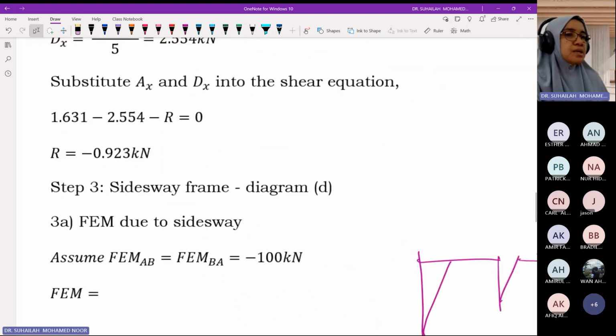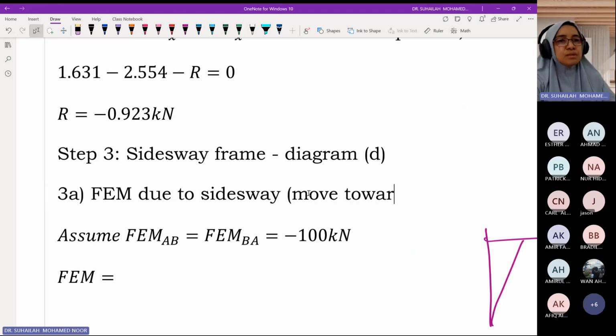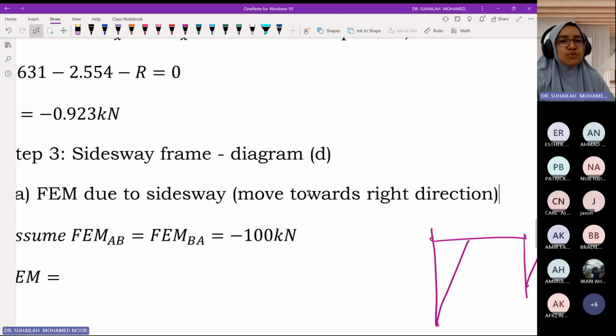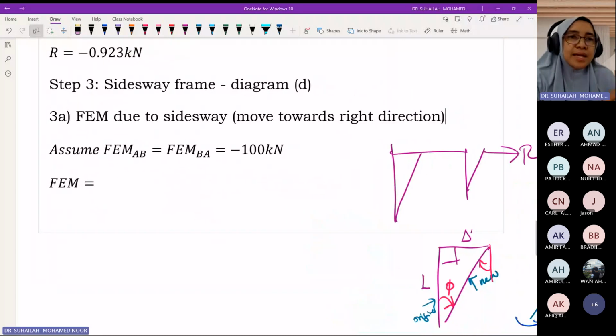Okay, so sini yang ni due to sidesway. Kalau nak saya letak note sini, move towards right direction. So move towards right direction, dia negatif. Sebab segitiga ni tadi. Okay, so move towards right direction, assumption must be made negative. Tak boleh positif. Sebab kalau positif, left. Positif FEM maknanya dia move towards left direction.